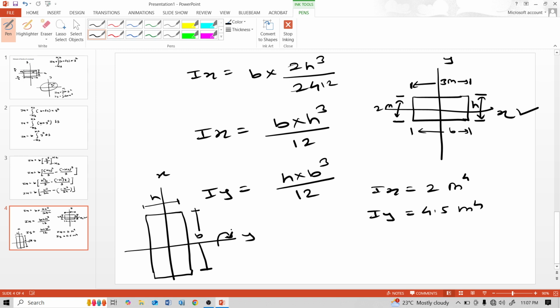That's why we provide bigger depth in our RCC beams. Generally our RCC beam is 230 mm on this side and 450 mm on this side. Because we provide more depth, the resistance to bending is more. That's why the moment of inertia is more. Thank you very much.